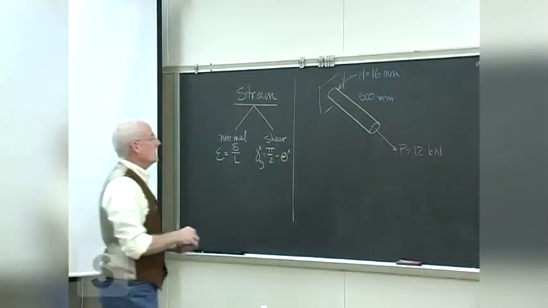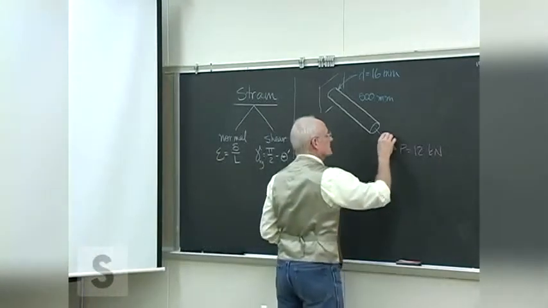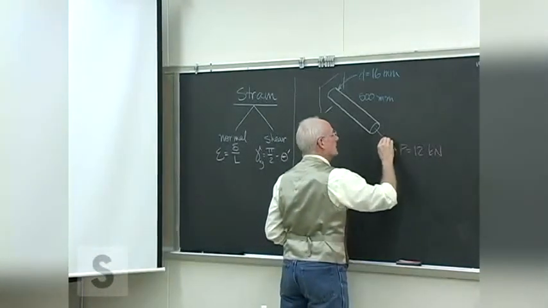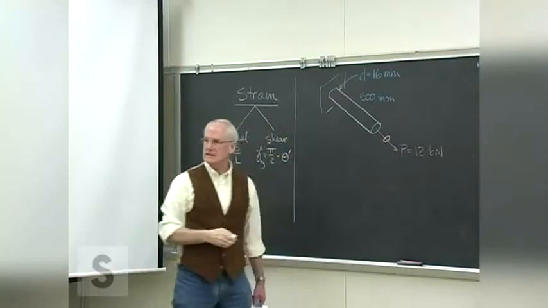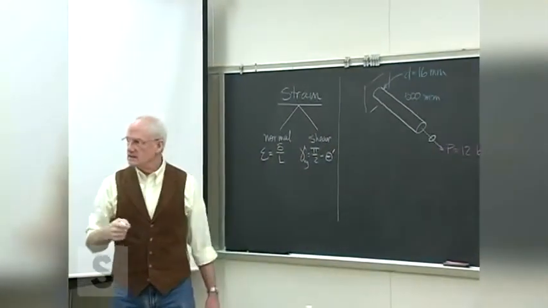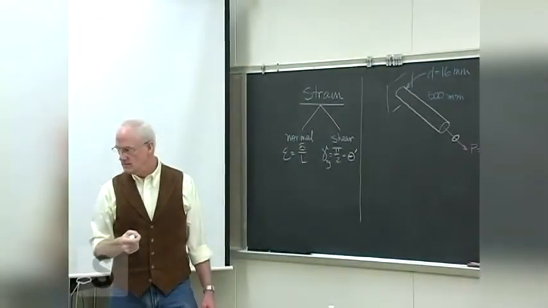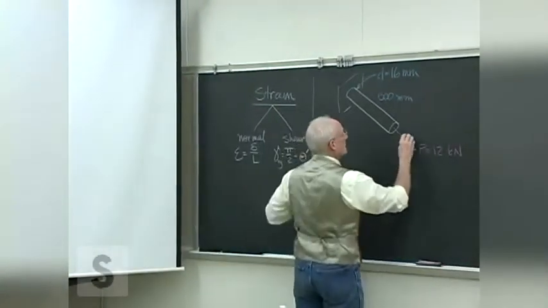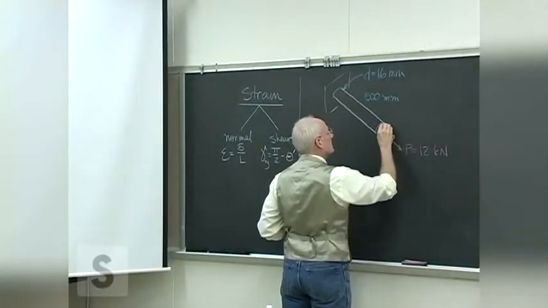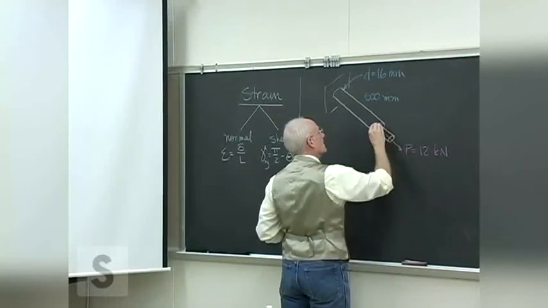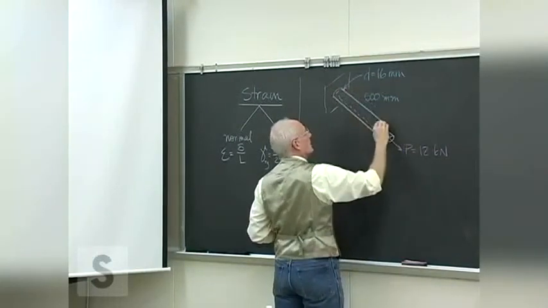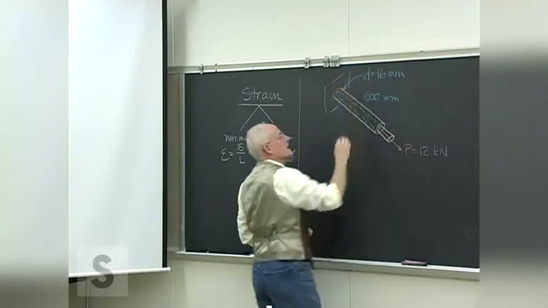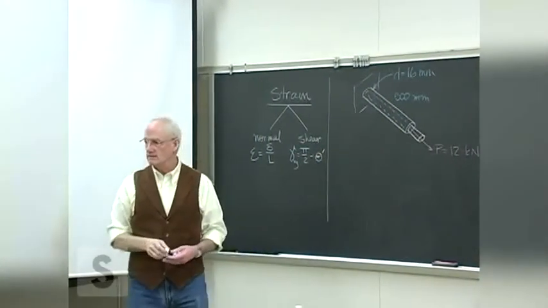Due to the load, this piece will get substantially longer. Well, I don't know if substantially, that's a relative term. But because the density is the same and the volume is the same, not only will it get longer, but it will get narrower as well.